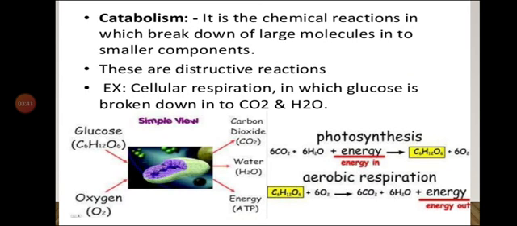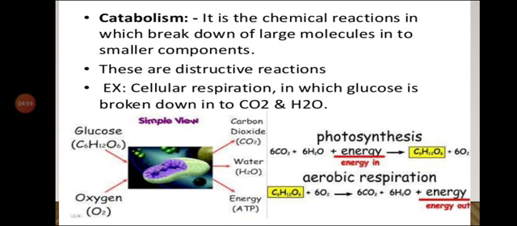Catabolism is the chemical reaction in which large molecules break down into small components. These are destructive reactions, known as destructive because the large molecule is broken down.